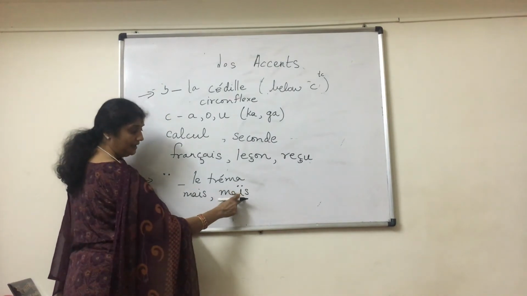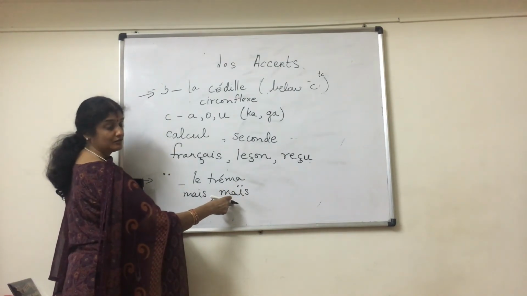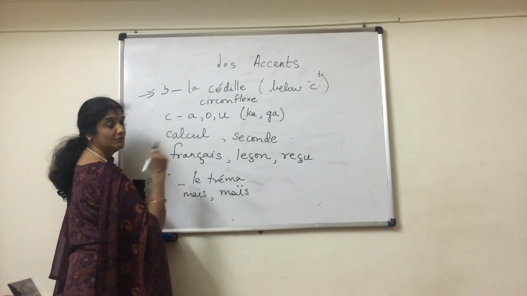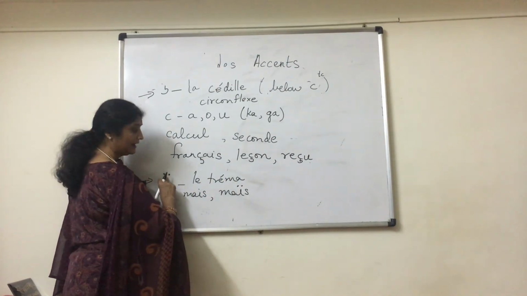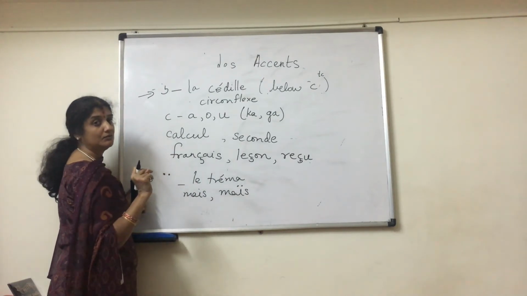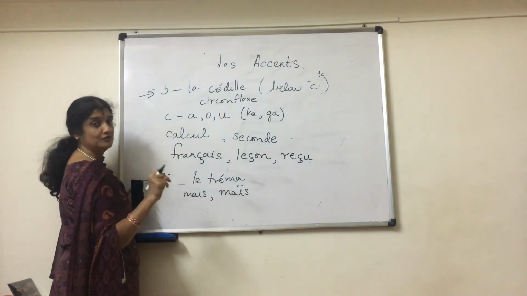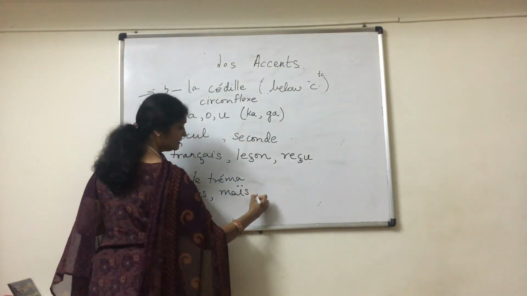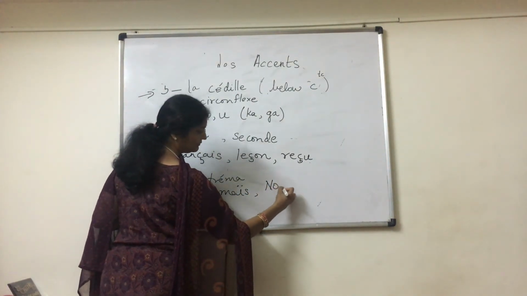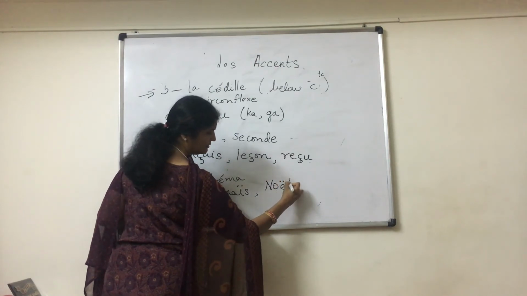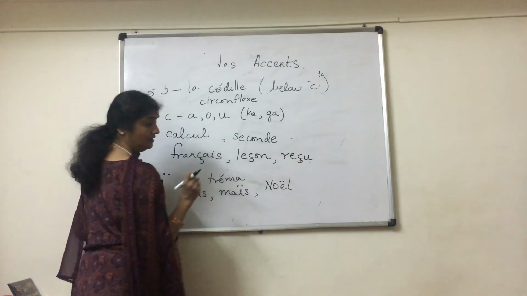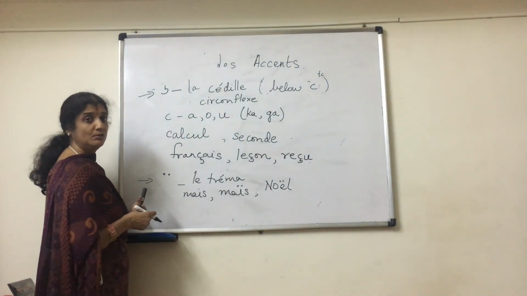I'm stressing the E more than the A. So when there are two vowels next to each other and I need to stress one more than the other, then I put the tréma on top of that vowel. Maïs, which means corn or maize. The next example I want to give here is Noël. The E is stressed more than the O. Noël.